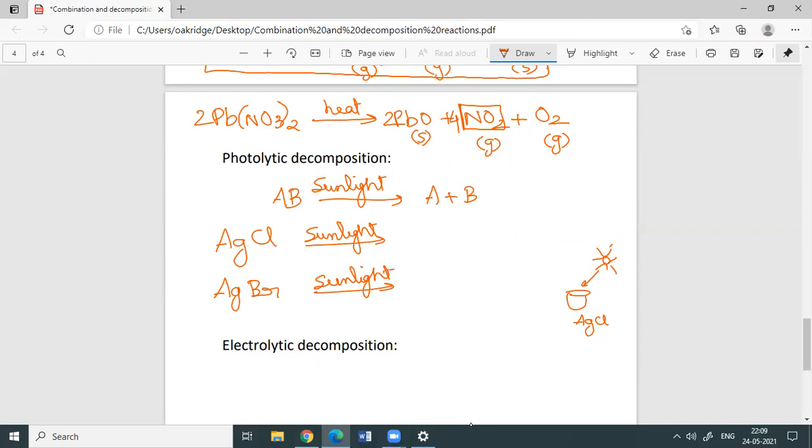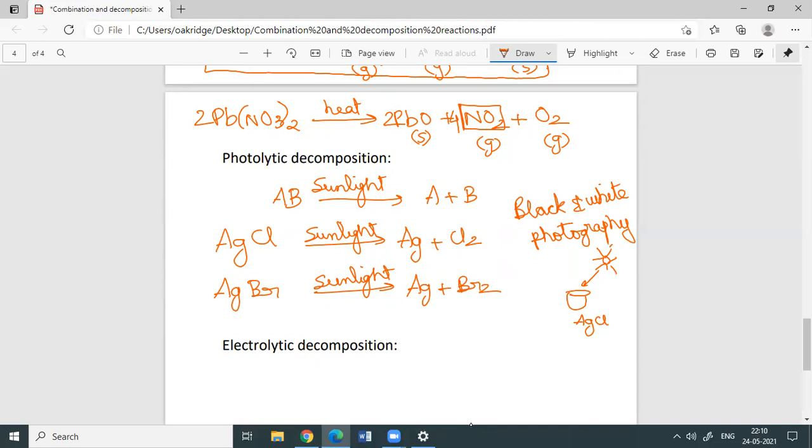So here AgCl is turning to Ag and Cl2. Similarly here AgBr is turning to Ag and Br2. This reaction we use actually in black and white photography, children. Once upon a time when photography was not very famous, they used to wash the photographs in one liquid, and they used to put it in a dark room where lots of lights were there.